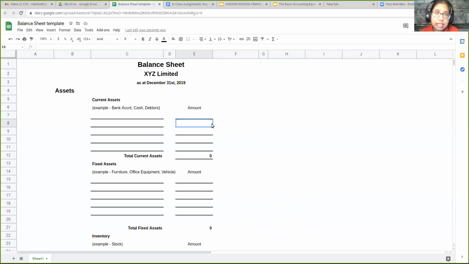Now we need to go through each item and determine where in the balance sheet does it fit appropriately. Okay, so we need to figure out, is cash an asset or a liability? It's an asset, right? And is it a current asset or is it a fixed asset? So cash is a current asset, okay?